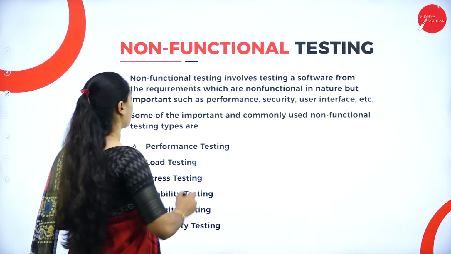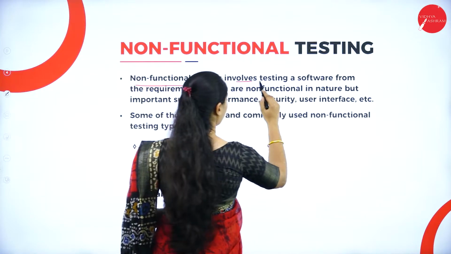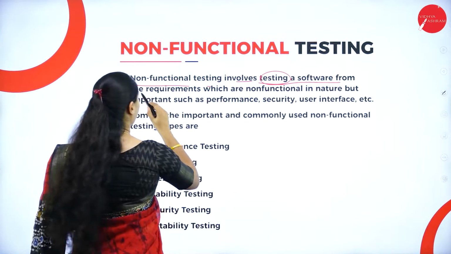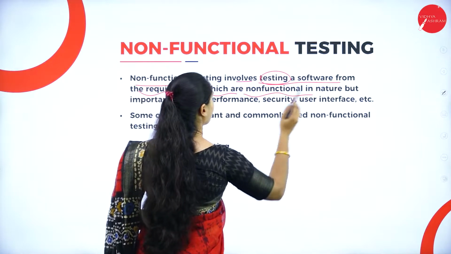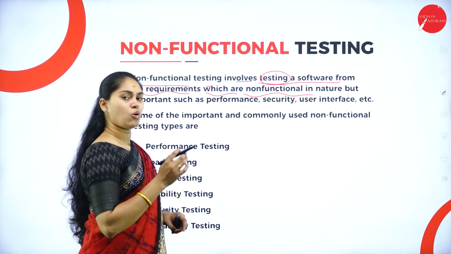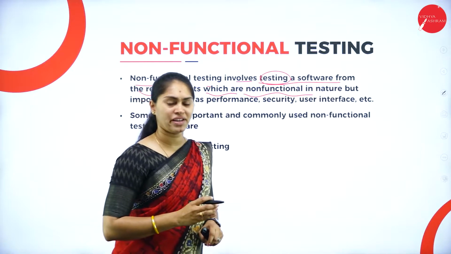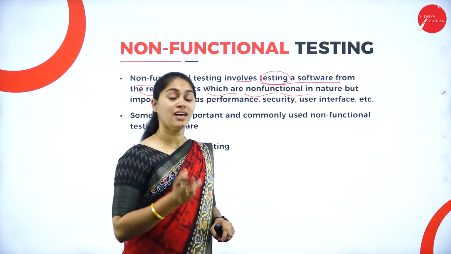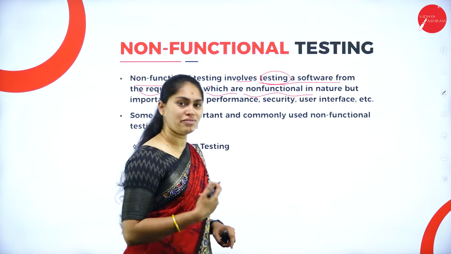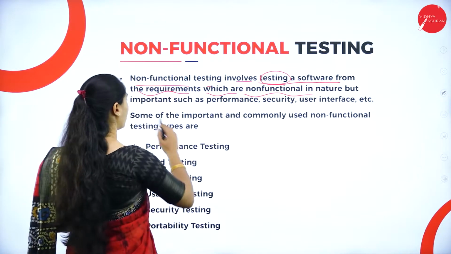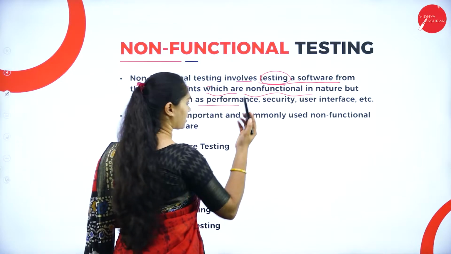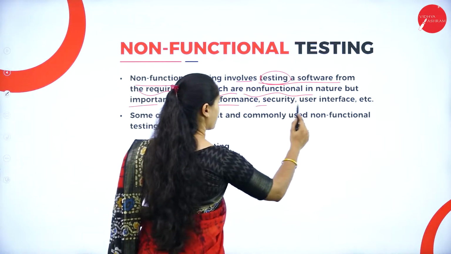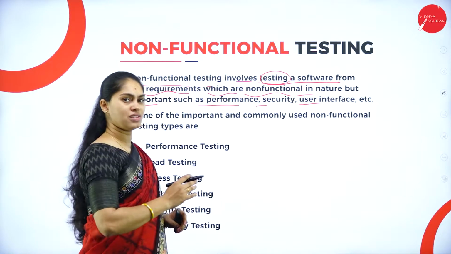Non-functional testing involves the testing of a software from the requirements which are non-functional in nature. So whatever elements of requirement we have that are non-functional, we know what is functional and non-functional. Here we are concerned with the non-functional elements of a software, which may include performance, security as well as user interface.